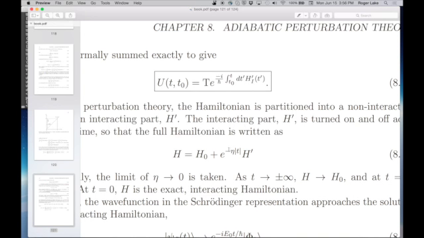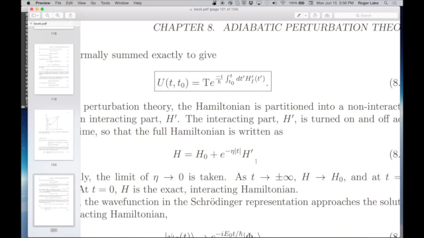And this is the adiabatic part, stuck in by hand out front, where you adiabatically turn this on. Eventually, we let eta go to 0. Notice this is the absolute value of t. At t equals negative infinity, your Hamiltonian is just H0.